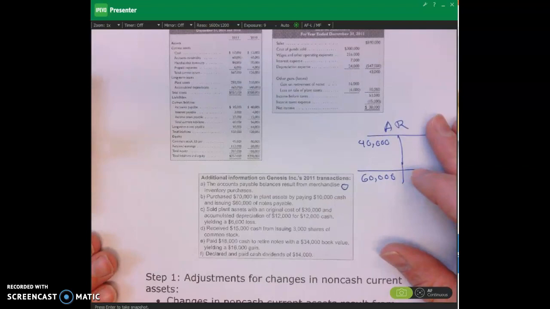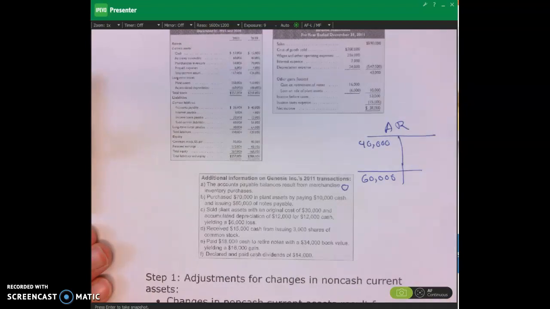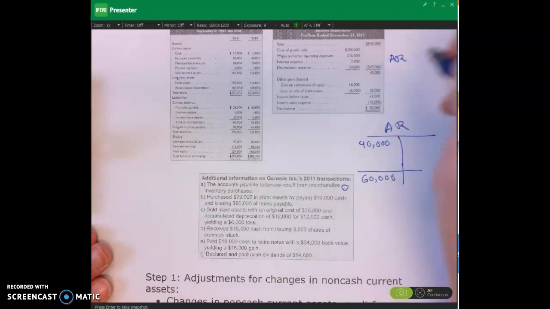Now, what is the journal entry to record a sale on account? I want you to think for a second. Or the other way to think about that, to record a sale on credit. What is the journal entry? Hopefully you remember that we debit accounts receivable, and then we credit sales.